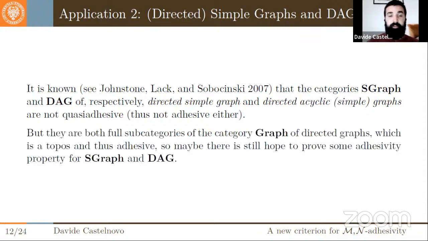But they are both full subcategories of the category Graph of directed graphs, which is a topos, and thus adhesive. So we can try to apply our criterion to the inclusion functors, and try to prove some adhesivity property for simple graphs and DAGs.